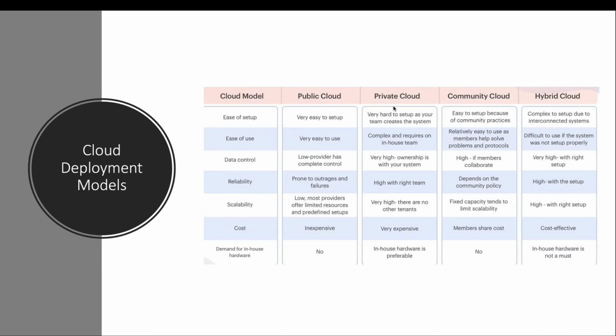So it's very hard to set up as your team has to create it. Then comes community cloud, where 2 or more than 2 companies want to set up their own cloud together. So it's private cloud, but its scope is more. It's company A, company B, and company C. All 3 are participating in order to build a cloud. Then comes hybrid, which I told you. It's complex to set up because you need to interconnect systems on-premise with public cloud.